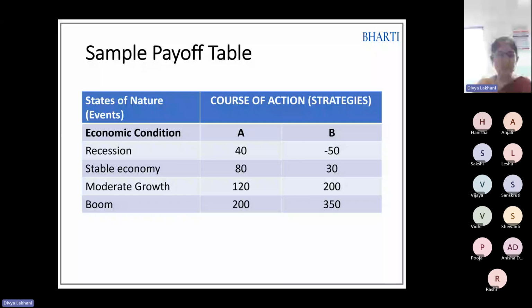How will you decide whether you want to have tea or whether you want to have ice cream? It all depends upon the state of nature. If it is very hot at that time, what is the course of action that you will choose? Yes, you will prefer to have ice cream, right or not?